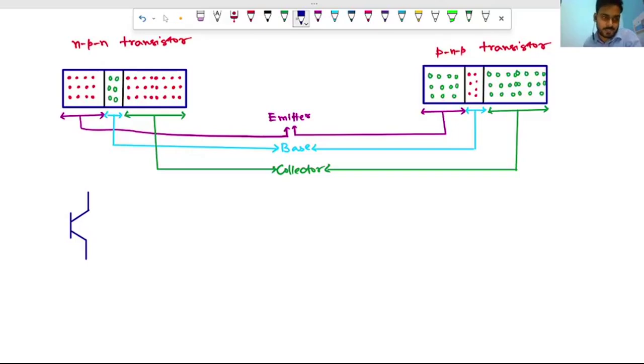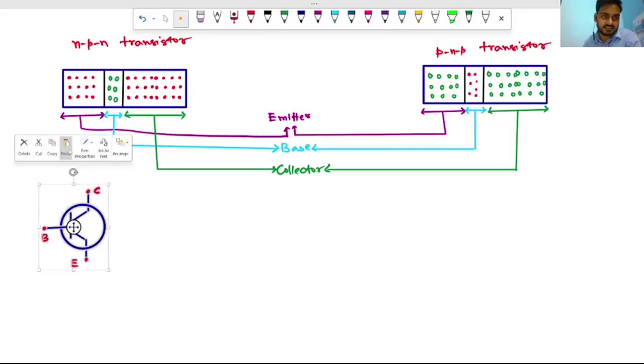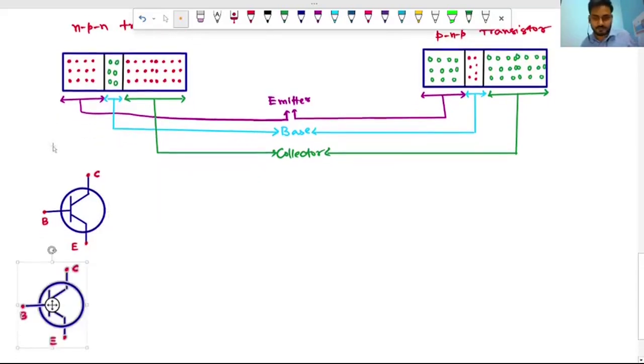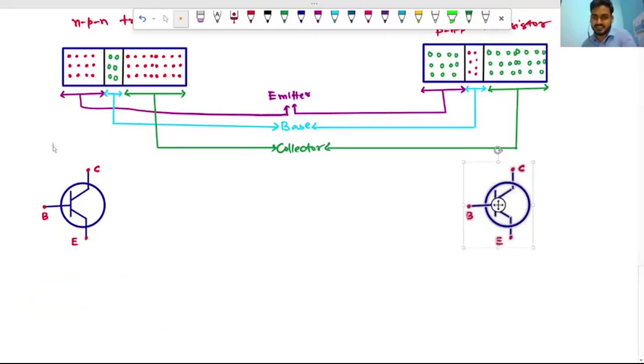There are some contacts here, and here will be a line. See, this is known as the collector, this is known as the base, this is known as the emitter. And copy, paste. But there is a little difference.